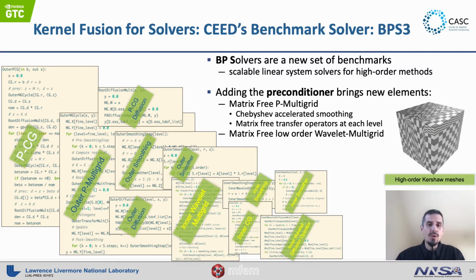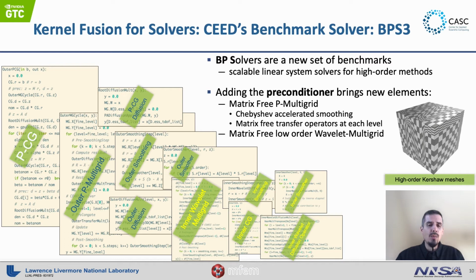There are, of course, multiple different partially assembled diffusion operators at each level of the PCG, for the outer p-multigrid and its smoothing steps, for the inner wavelet multigrid and smoothing, as well as for the innermost CG.